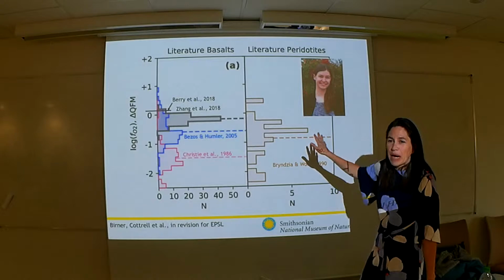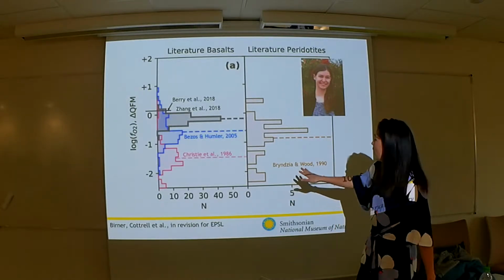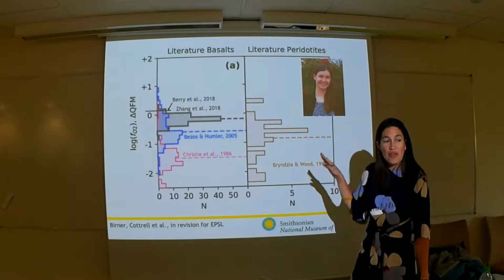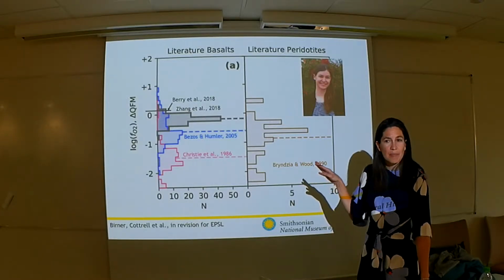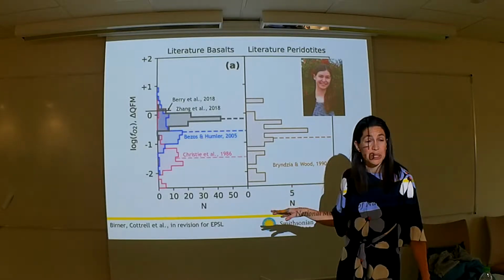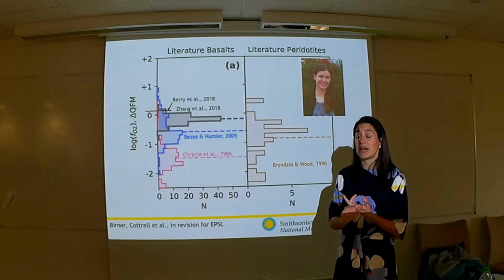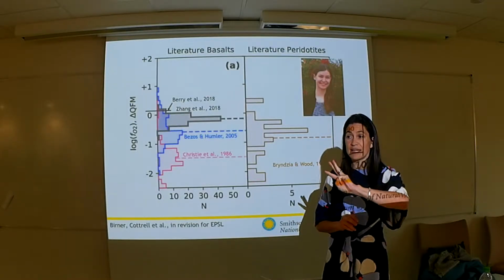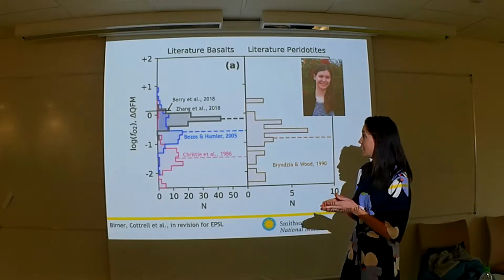So these data have bothered me for 10 years. This is the seminal work of Bryndzia and Wood. They published 35 abyssal peridotite oxygen fugacities using spinel oxybarometry. It's the equilibrium between spinel, orthopyroxene, and olivine; when you have those three phases, they constrain the oxygen fugacity.